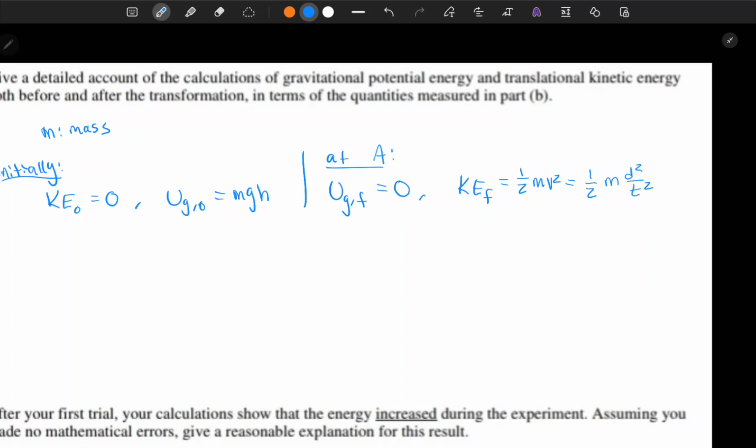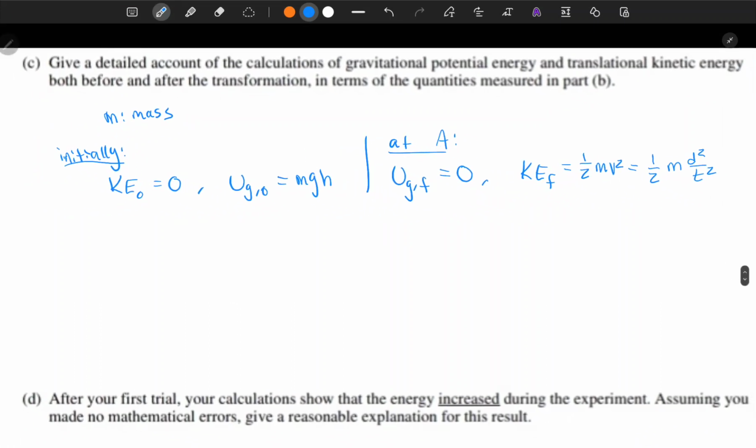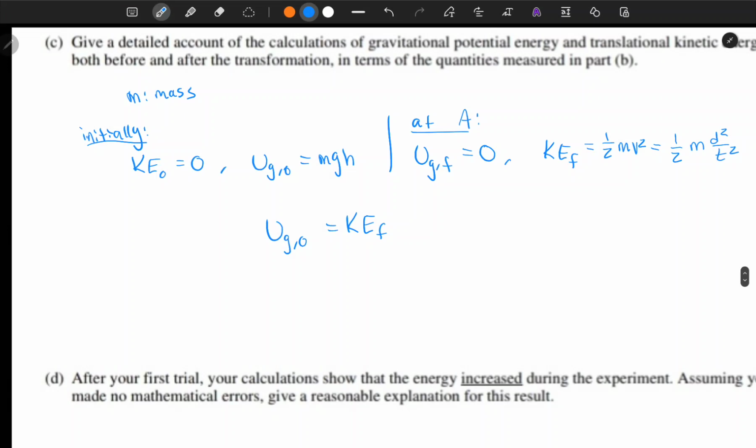Then, to show that we do not have to know m, we note that what we want to find is that Ug0 is equal to KEf. If this equation holds, then the conservation of energy holds. So on the left we have mgh, and on the right we have 1/2 m d squared over t squared. As we can easily see, the m's cancel on both sides. So m, the mass of the cart, is not an important quantity in this problem.